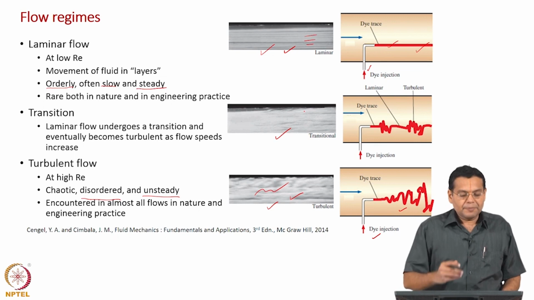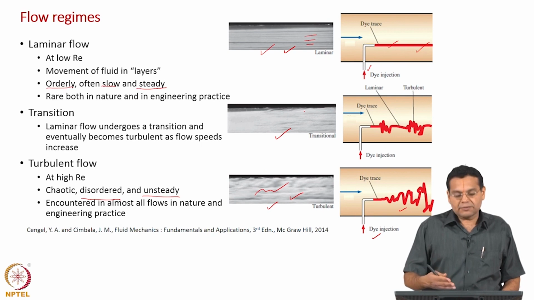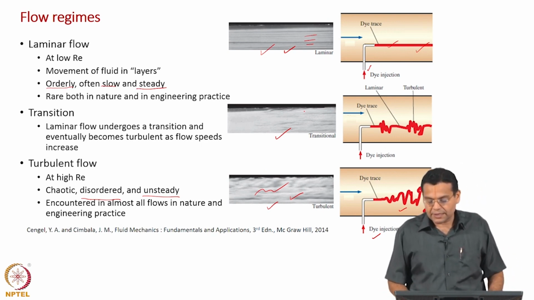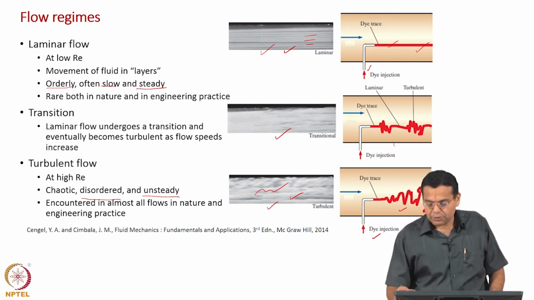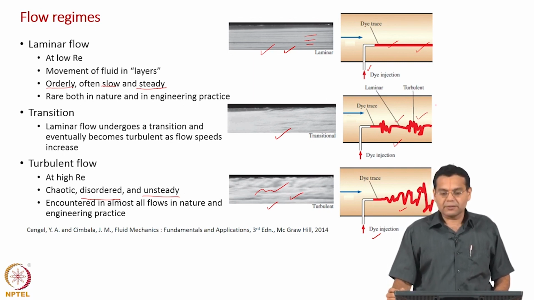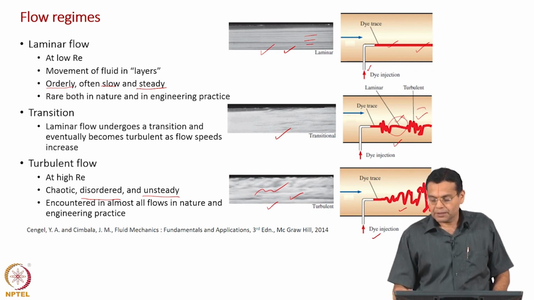So, while laminar flow happens at low Reynolds number, turbulent flow happens at high Reynolds number, and in between you have the transition regime, a gradual transition from laminar flow to turbulent flow. In terms of streak lines, how do you observe? And that is what is shown here. Part of the streak line will be laminar, part of the streak line is turbulent. This part if you observe is relatively smooth, but this is zigzag.